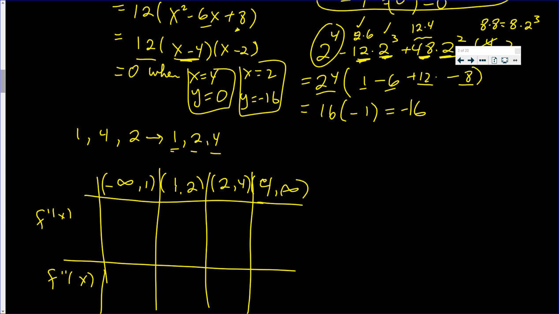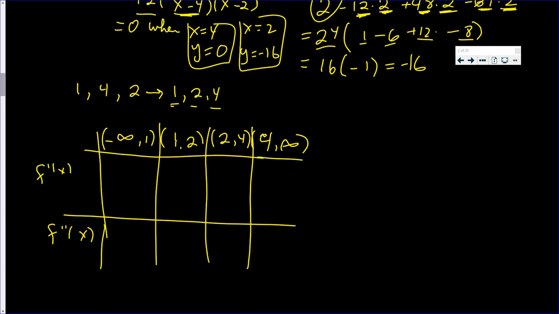Now, the second derivative happens to be in front of me. So let's write it down. It's 12 times x minus 4 times x minus 2. Let's put it to the left some more, and let's write it nicely. So the second derivative is 12 times x minus 4 times x take away 2.